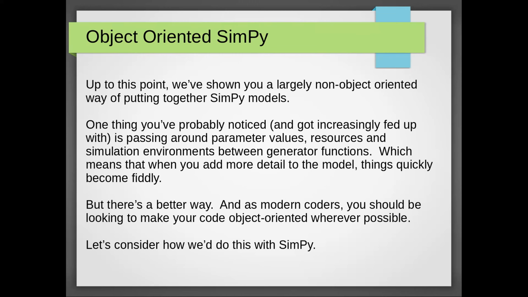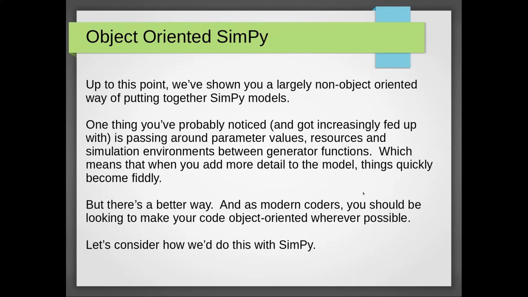So I'd recommend getting used to the object-oriented approach. If you find you can't, and you want to stick with a non-object-oriented approach, that's valid. You can take everything you learned from the previous session. That will allow you to build SimPy models, and I have done that using that approach before. But if you can, I would advise switching over to this particular approach.